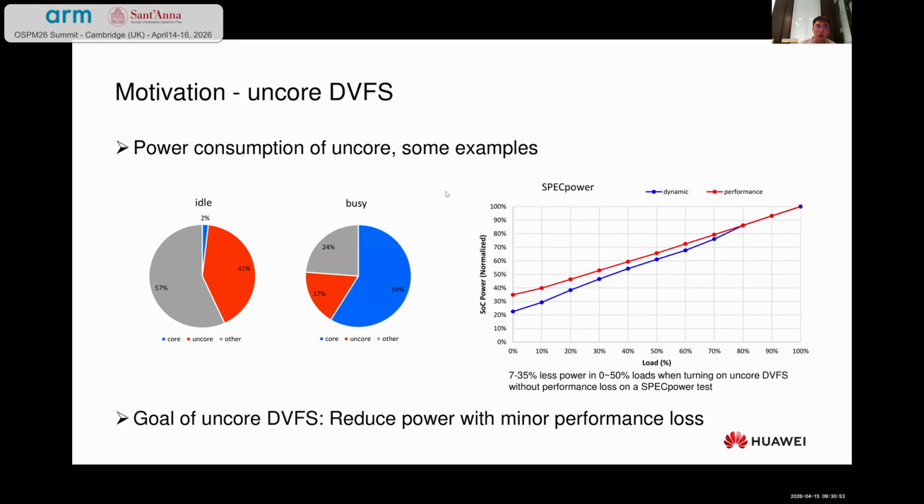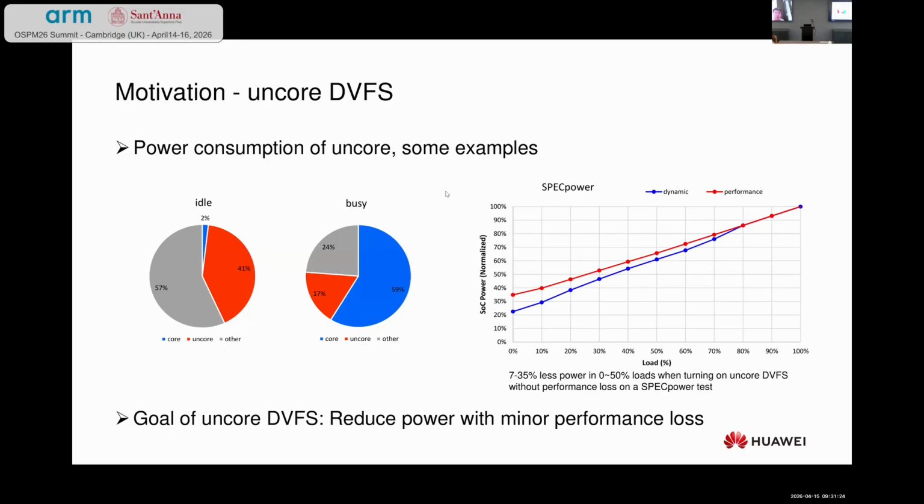In the idle state, the uncore consumes around 41% of the power, and because there is almost no load, the CPU core consumes only around 2%.